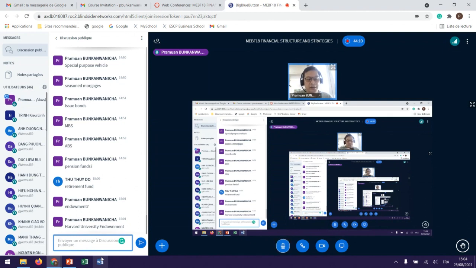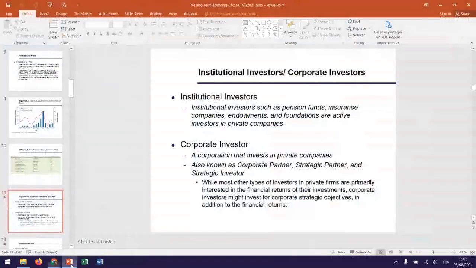Okay, and the university will keep those funds and invest them and use those endowments to finance scholarships, sometimes to pay professors, and so on and so forth. So in the US some of these funds are very, very big.